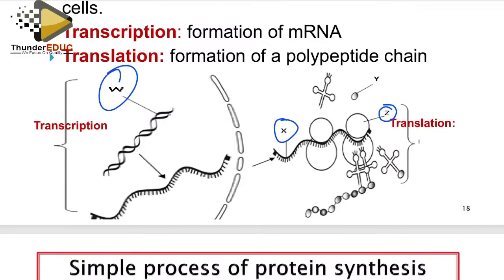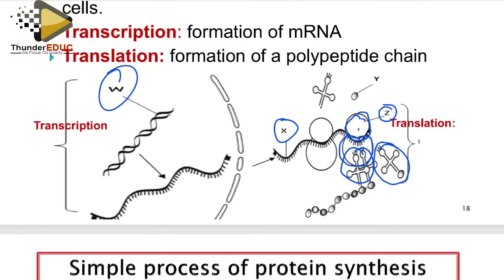What is Z? Z means a ribosome. This is the ribosome. Sometimes it comes as one, sometimes it comes as two sections, a major subunit and a minor subunit. So this is the ribosome. These are amino acids.